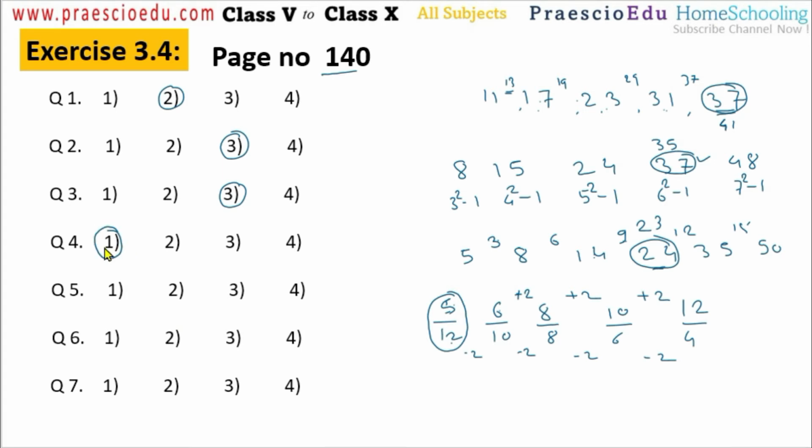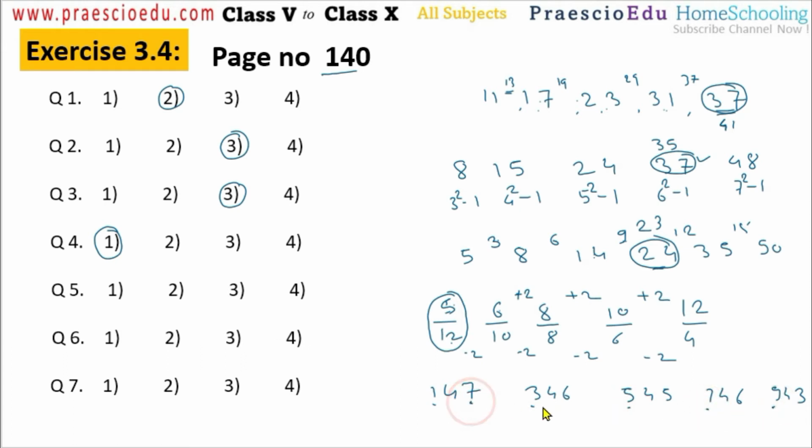Now question number 5, so there is 147, then 346, then 545, then 746, and 943. So if we are seeing 1, 3, 5, 7, and 9, all are odd terms.